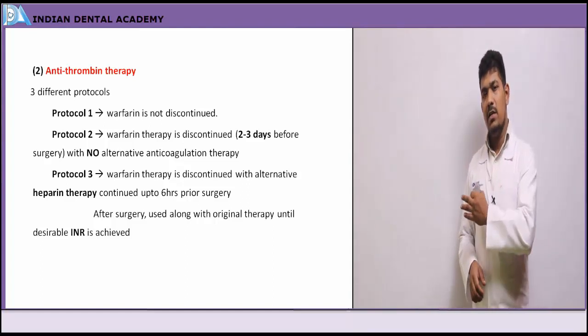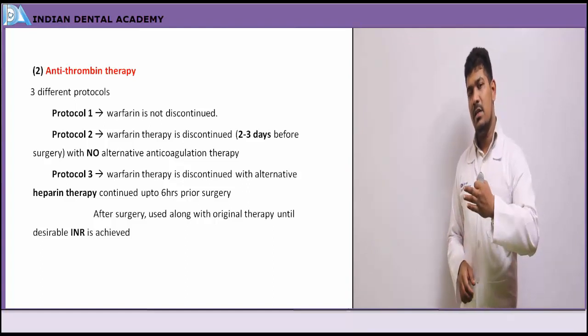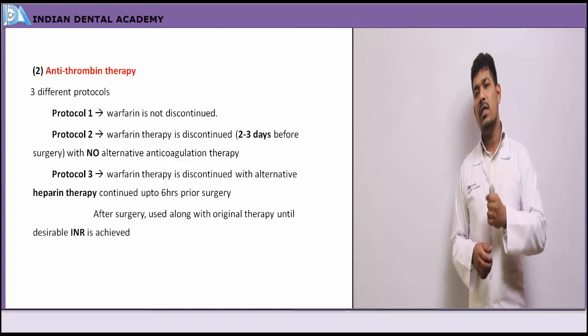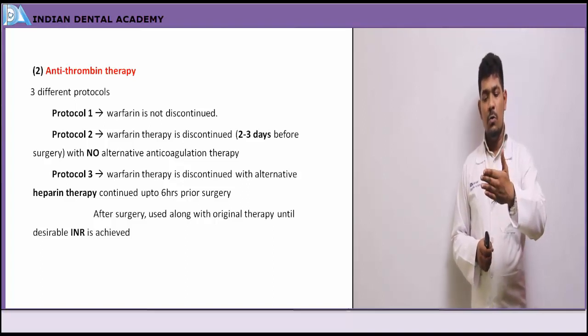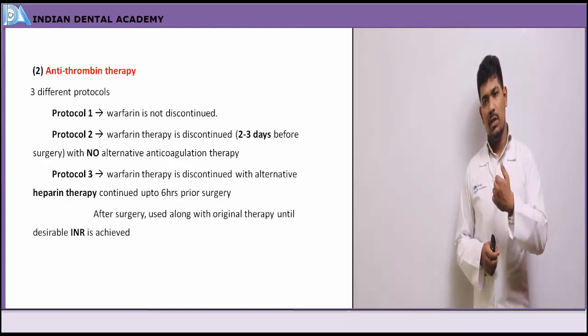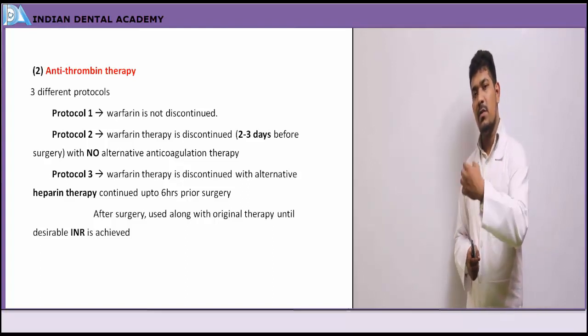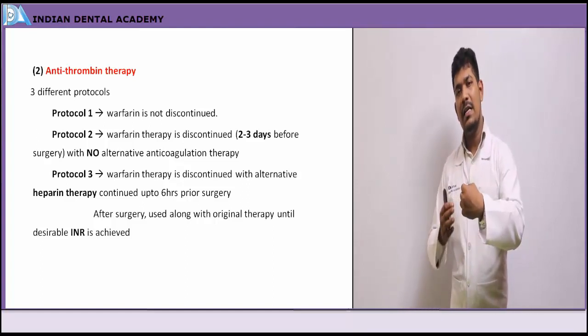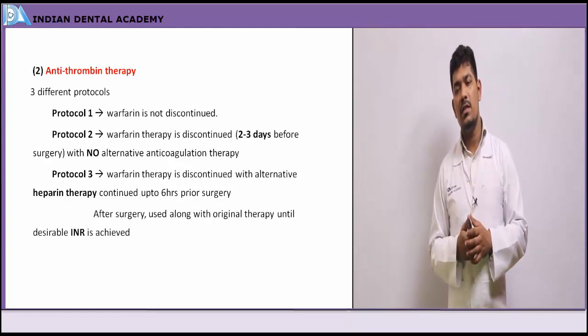Heparin's half-life, on the other hand, is around 5 to 6 hours. So you discontinue warfarin at least 48 to 72 hours before the surgery, and then you replace it with heparin and keep using it until about 6 hours before the surgery.